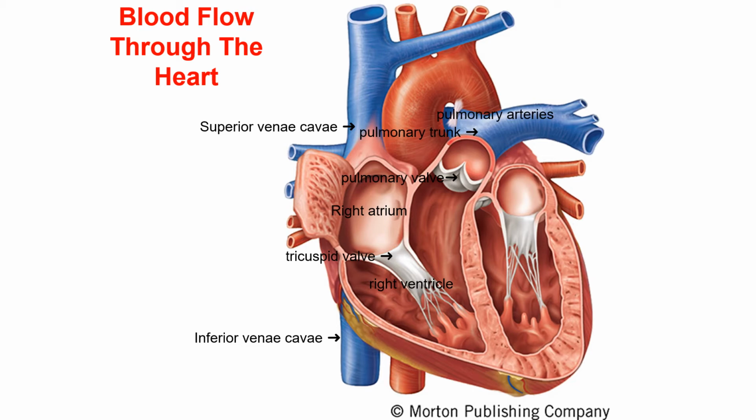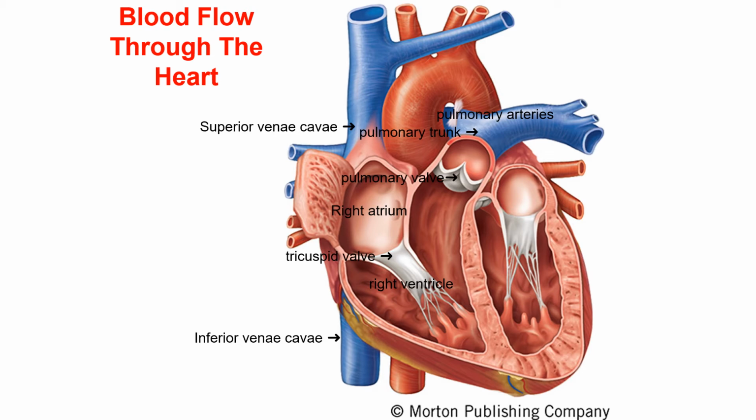So we're going to go through the pulmonary arteries, and the pulmonary arteries are very unique because they are the only arteries in the body that actually have oxygen-poor blood in them. Arteries are always pumping away from the heart. Arteries away, veins go towards the heart.